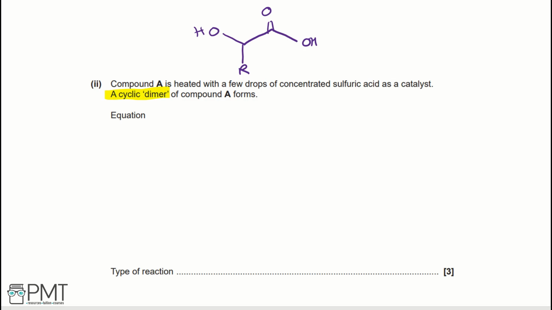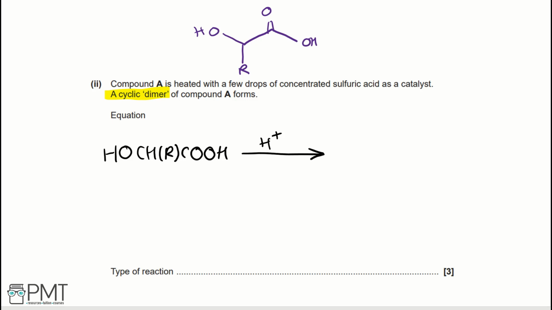I've redrawn compound A above just to help us keep track of everything in this question. We start by writing our equation, so let's write out compound A as we've done in part 1, HOCHRCOOH. We can write our sulfuric acid over the arrow.